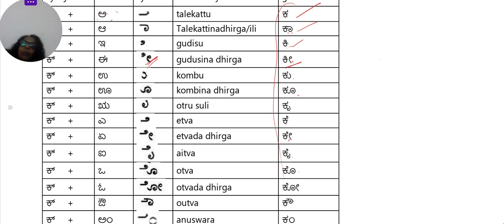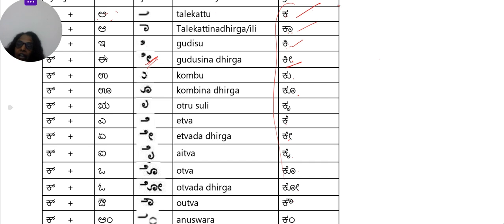Okay. So the main problem which I see students face is that they don't remember how to write, because there are so many different symbols and so many different alphabets, and they are not able to write the alphabet correctly with the symbol. So in my following videos I will teach how to pronounce, but the main focus will be on writing, how to write the alphabets with the combination of the symbol of the swara.